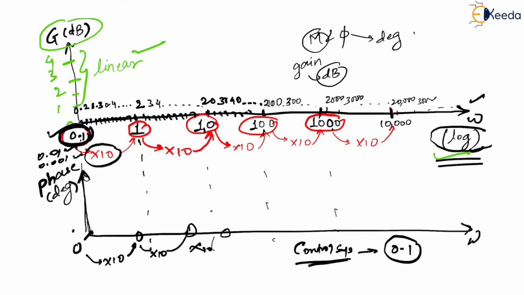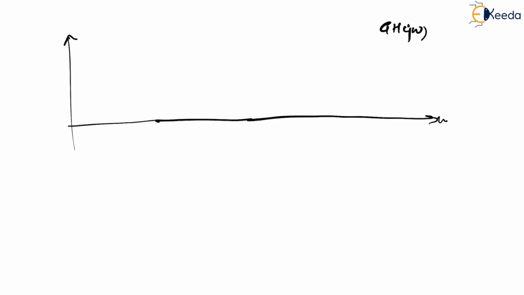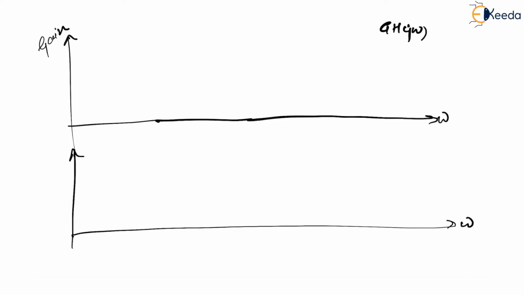So if I think of one example, let me say that you have some system G H of j omega, right? You have some transformation G H of j omega. How will the plot look like? See dear, this is going to be the gain in dB, and this is going to be the phase phi in degrees.